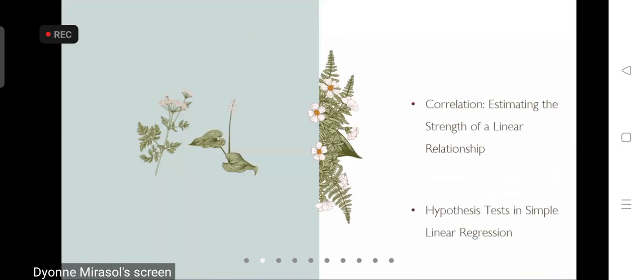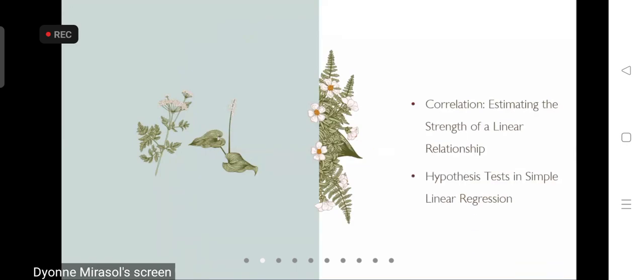But for today, we will be discussing correlation and hypothesis testing.